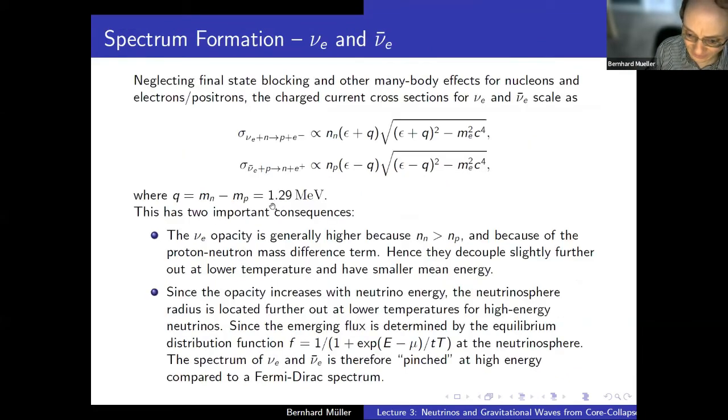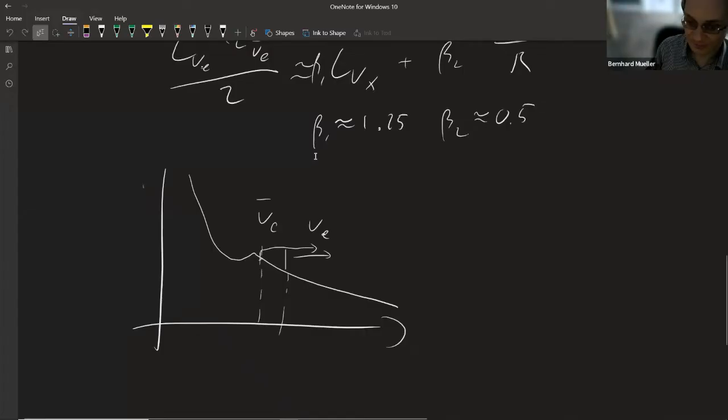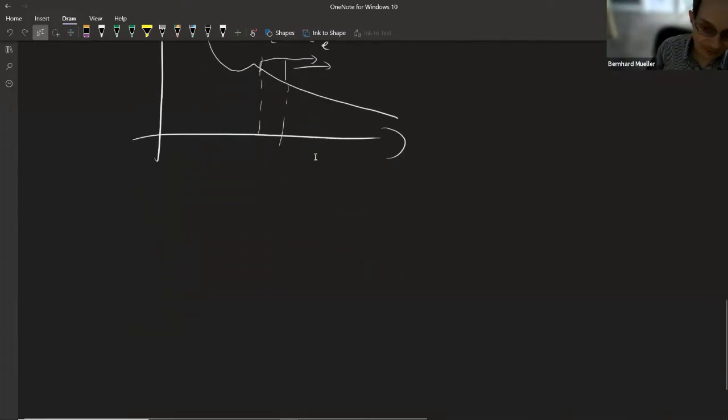In addition, there's another important effect. You see here in the cross sections, you effectively have a dependence on the neutrino energy squared. And that means that the neutrinos of higher energy tend to decouple further outside, at lower density, than the neutrinos at lower energy.